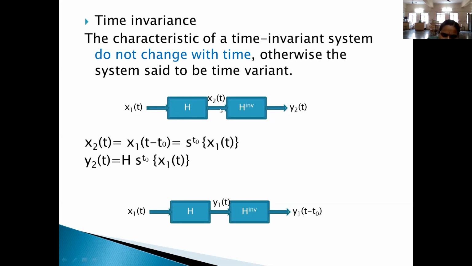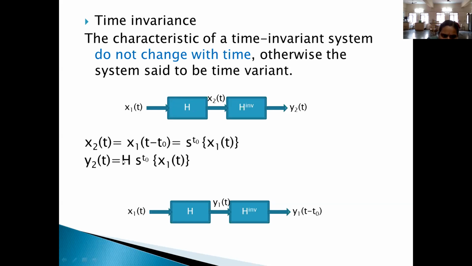This is the intermediate signal you got. Again, at the output, the inverse operation. So what do you get? y2 of t is equal to H operation on x2 of t.